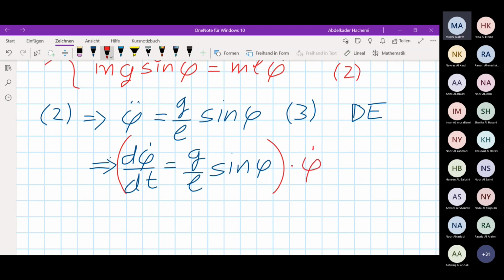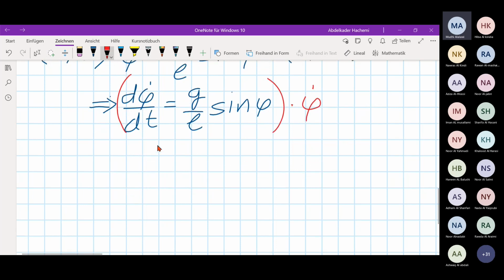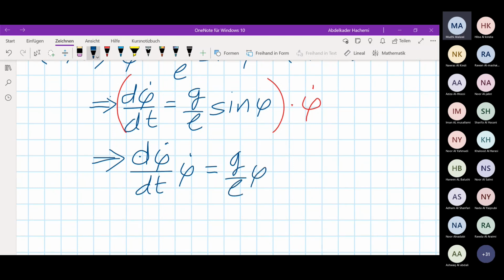Then we get the following equation: d phi dot divided by dt multiplied by phi dot equal to g divided by L phi dot sine phi.